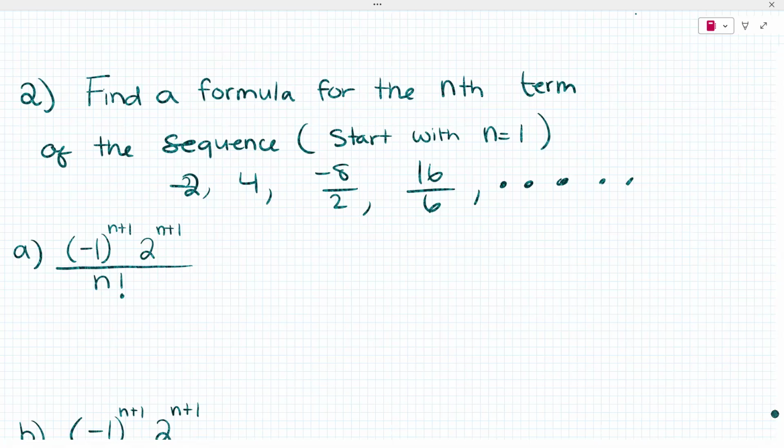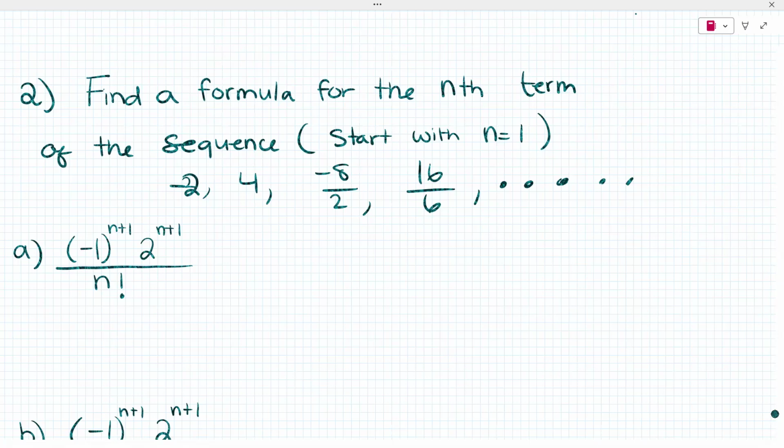What we have to do is, from our choices A, B, C, D, E, find the formula. So our first term has to be -2, our second term has to be 4, our third term has to be -8 over 2.